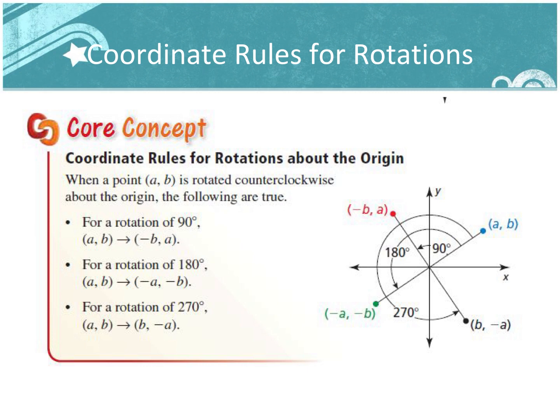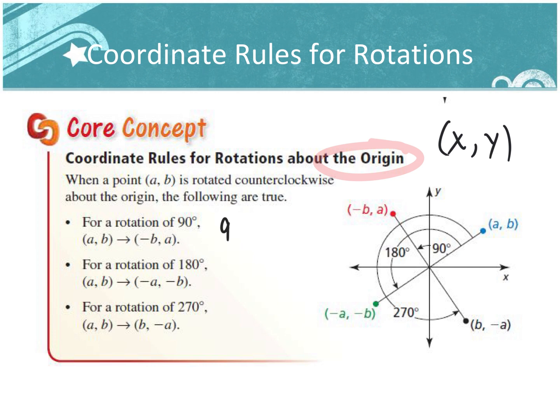Now, these are the rules for rotations. The key phrase here is that it's a rotation about the origin. When a point (x, y) is rotated counterclockwise about the origin, the following are true.